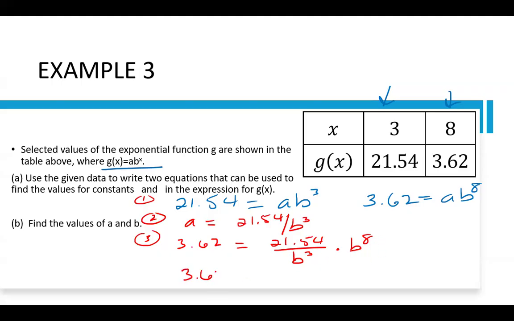So we have 3.62 equals 21.54 B to the 5. All right, what do I do next? I heard it. Someone said it. We're going to divide.